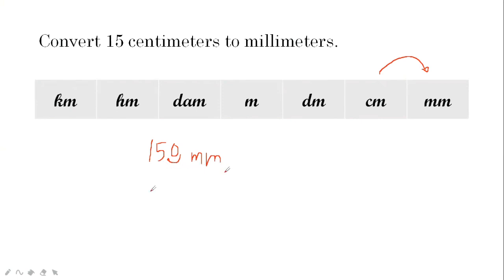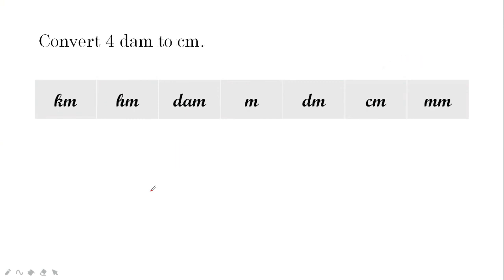Okay. Another example. 4 decameters to centimeters. So, we start at decameter, or dam, until we reach centimeter: 1, 2, 3. So, we have 3 moves going to the right. And then we have 4.